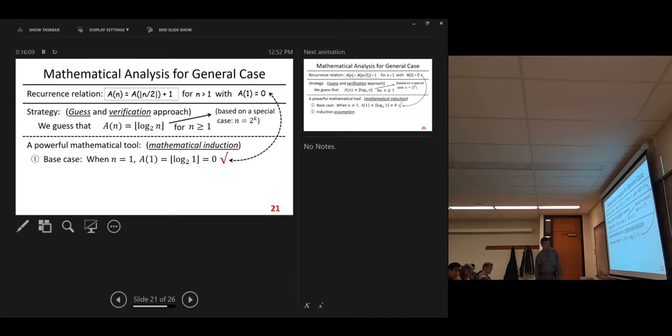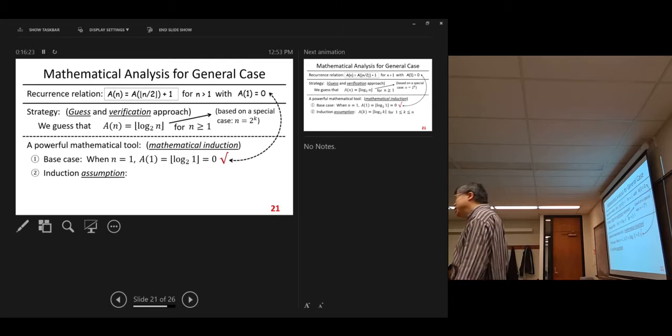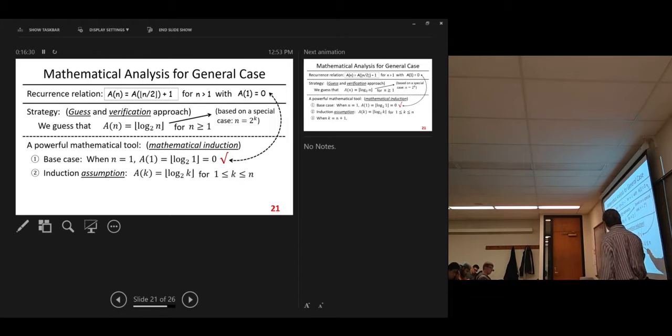Step 2, the induction assumption. We make an assumption. We assume it is correct under some condition. We assume it is correct for all the k between 1 and n, where n is just some positive integer.